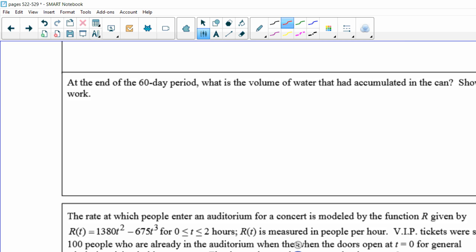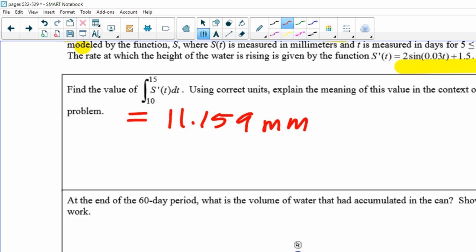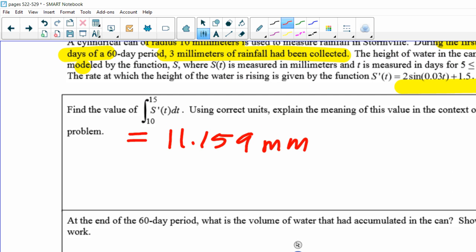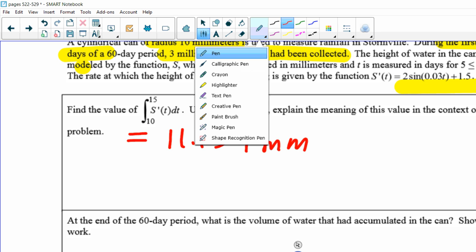At the end of this 60-day period, what is the volume of water that had accumulated in the can? The volume. Wait a minute. Correct.